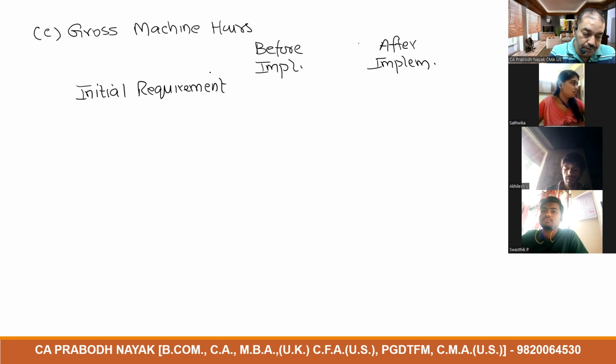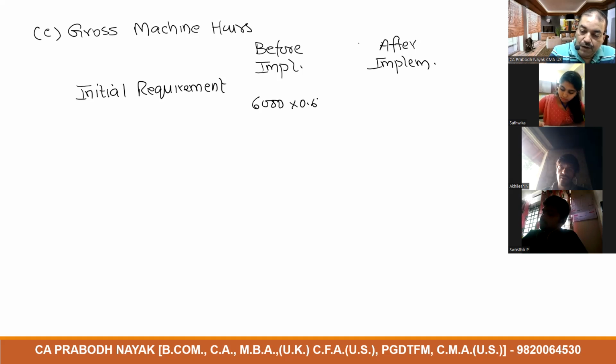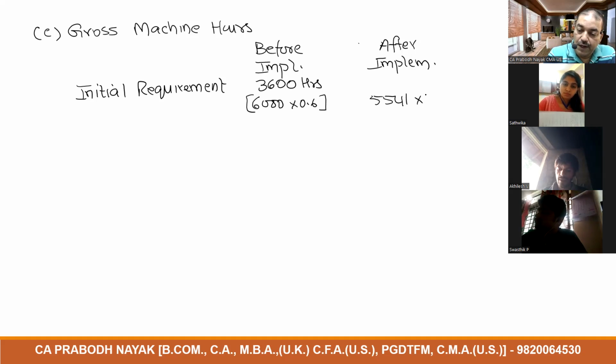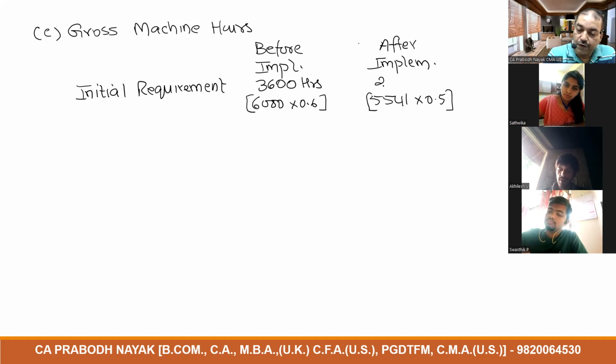Initial requirement: 6,000 units into 0.6 hours per unit. So 6,000 into 0.6 will be 3,600 hours. Here it is 5,541 units reduced to 0.5 per unit. So 2,771 hours.